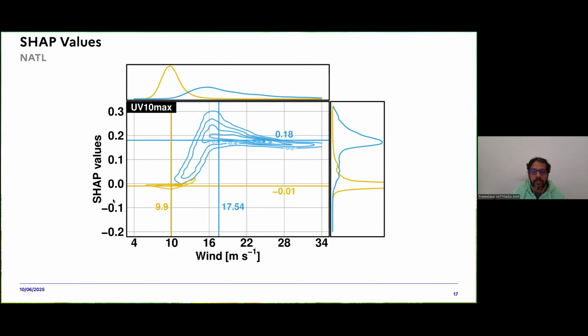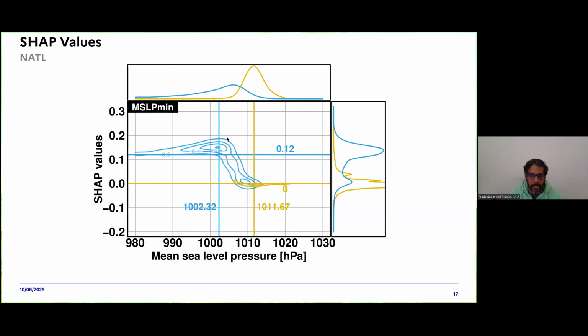For the maximum wind, you can see that it increases with the wind speed, and then at some point its contribution even decreases because other variables are also contributing there. So when you reach a certain value of the physical variable, its contribution does not increase because you're in a cyclonic situation. Here for the mean sea level pressure, you have to read it the other way around. The contribution increases when the mean sea level pressure decreases, because it's the minimum pressure which is important for tropical cyclones.